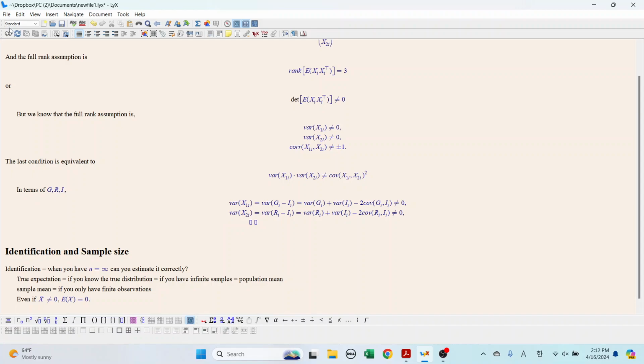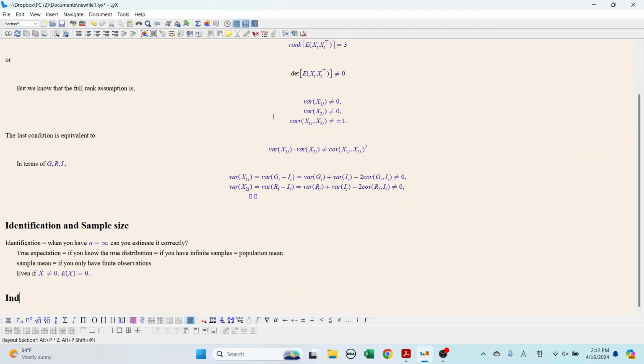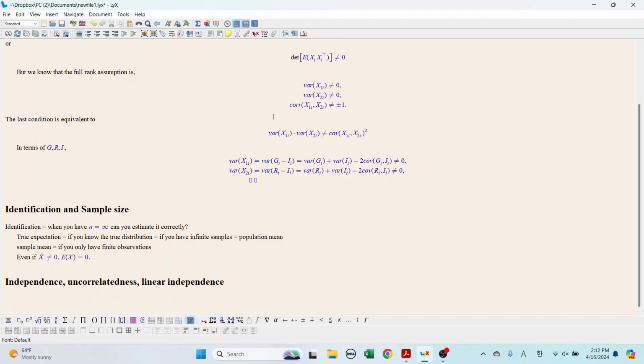The second comment is on independence, uncorrelatedness, and linear independence. There are different notions of independence in different fields of mathematics and statistics. First, statistical independence means full, very strong independence: the probability of x and y can be split into the probability of x times the probability of y, like this.